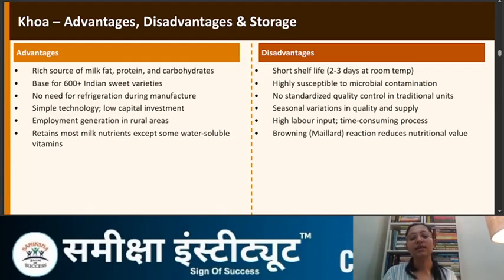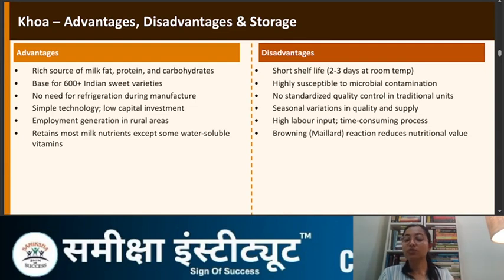So it is basically for comparison purpose. Then if we compare it with the sterilized milk, of course the shelf stability will be very poor. In case of khoa, it is still better than whole milk, but lesser compared with the sterilized milk. Then it is highly susceptible to microbial contamination.